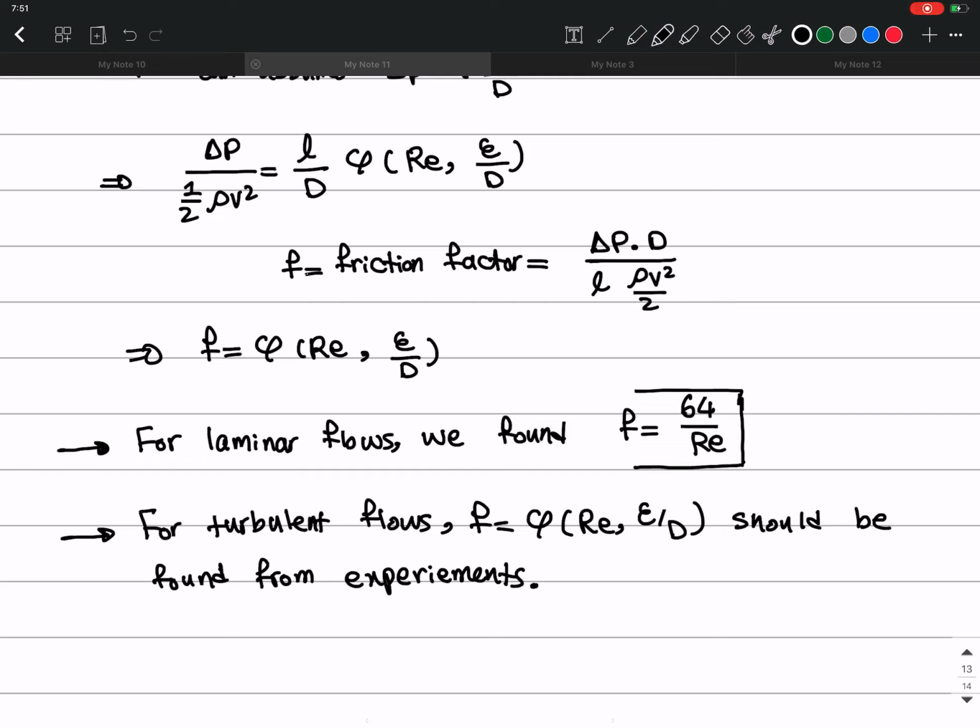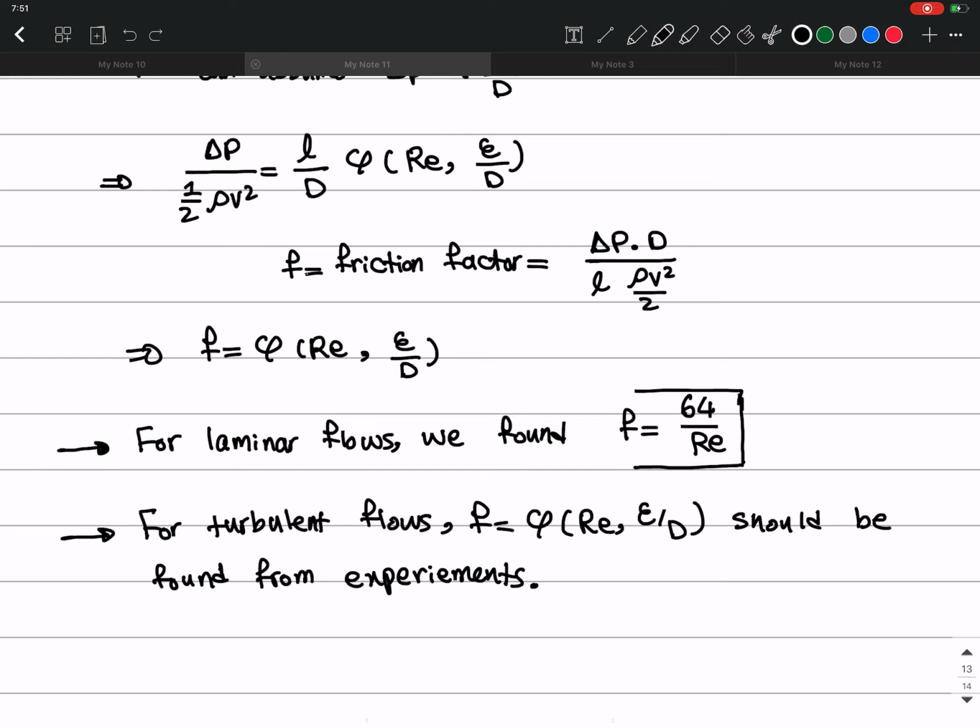So we can run many experiments to find the kind of dependence of this friction factor on Reynolds number and relative roughness in a pipe flow. Okay.